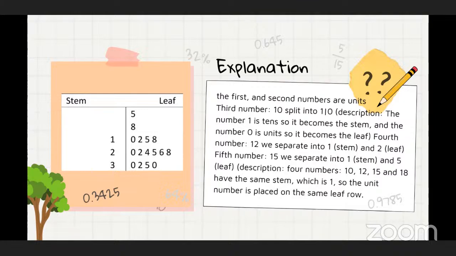It's also used for stem 2 and stem 3. For stem 2, the leaves are 0, 2, 4, 5, 6, and 8. And for stem 3, the leaves are 0, 2, 5, and 8.